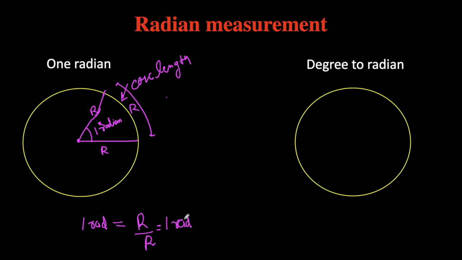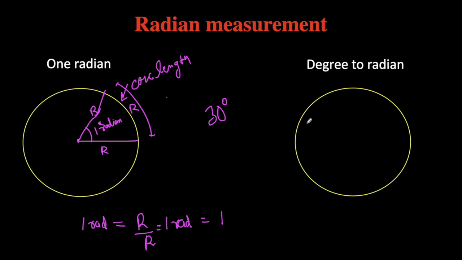Now we will try to understand how we can convert degrees to radians, because in degrees you will find something like 30 degrees, and in radians you'll get only numbers like 1, 1.5, 2.2, 0.5. So how can we convert degrees to radians?